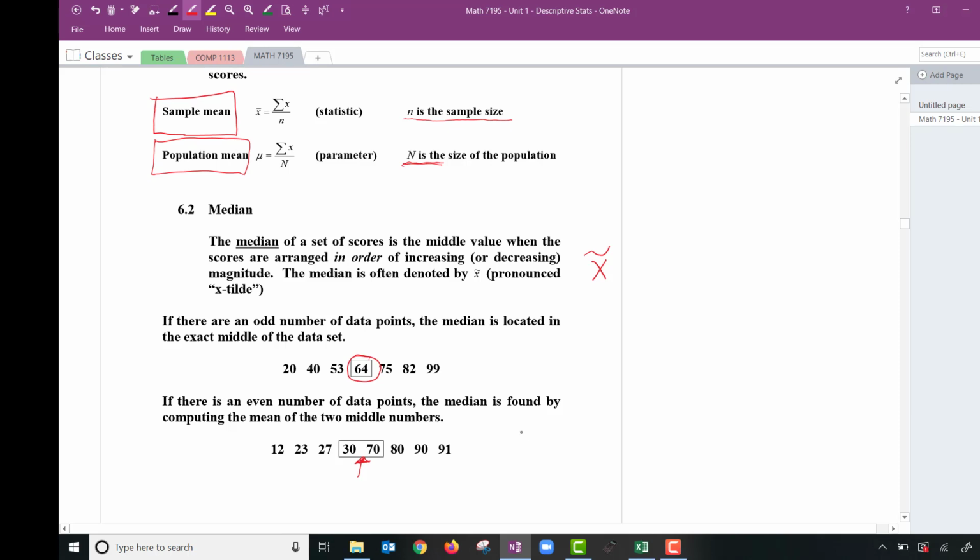So in this case, if this is sample data, the median would be the mean of the middle 2, which is 30 plus 70 over 2, which is 50. I don't know what the units are for these examples, but I'm going to write units just so I remember that I should always write units when I'm calculating these sample statistics.